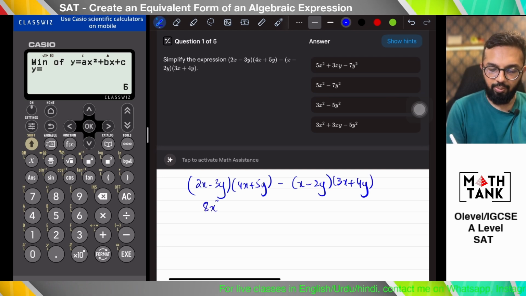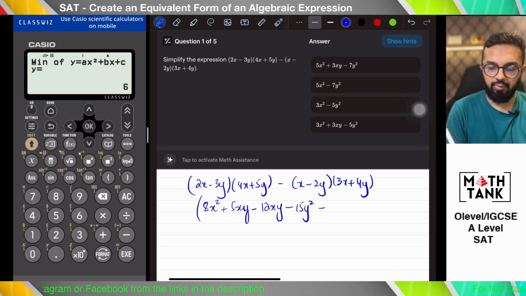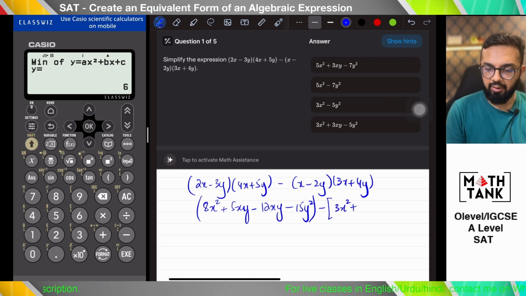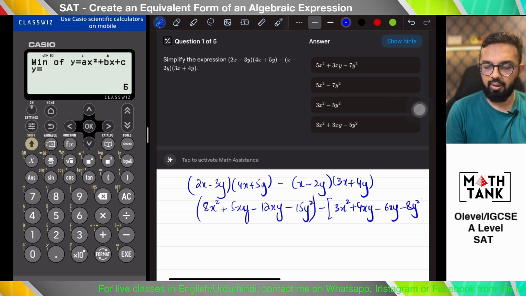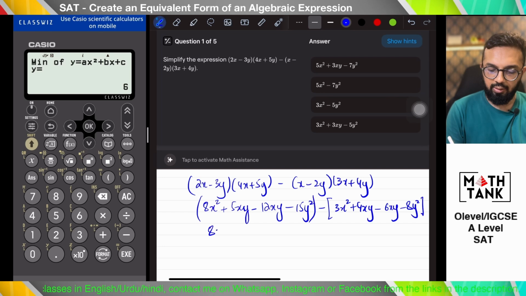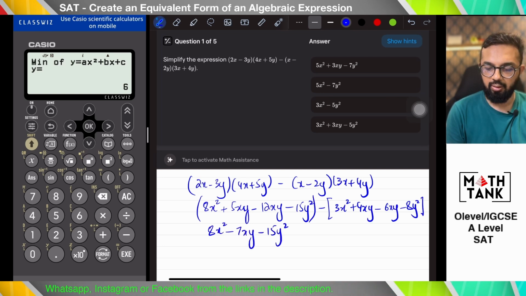So I get 8x squared plus 5xy minus 12xy minus 15y squared. 3x squared plus 4xy minus 6xy minus 8y squared. 8x squared minus 7xy minus 15y squared minus 3x squared plus 2xy plus 8y squared.